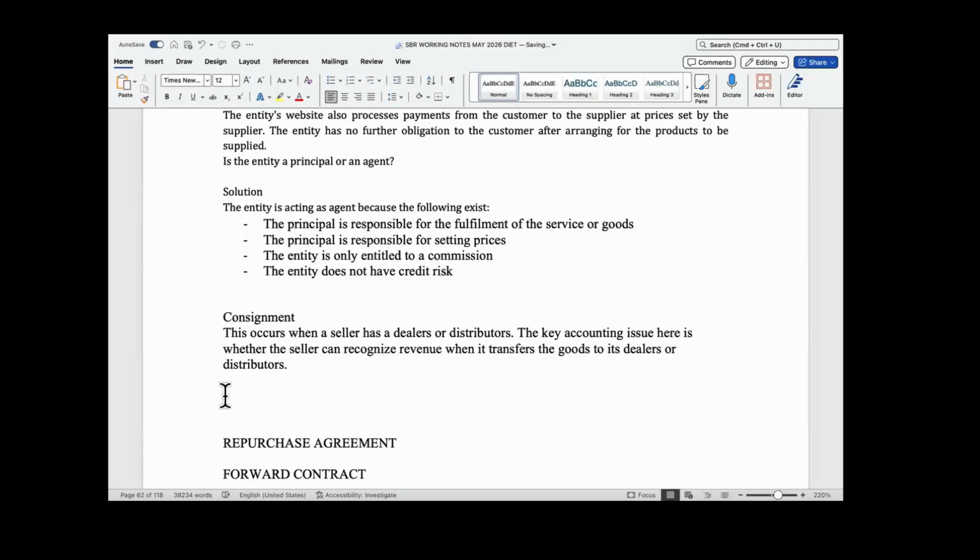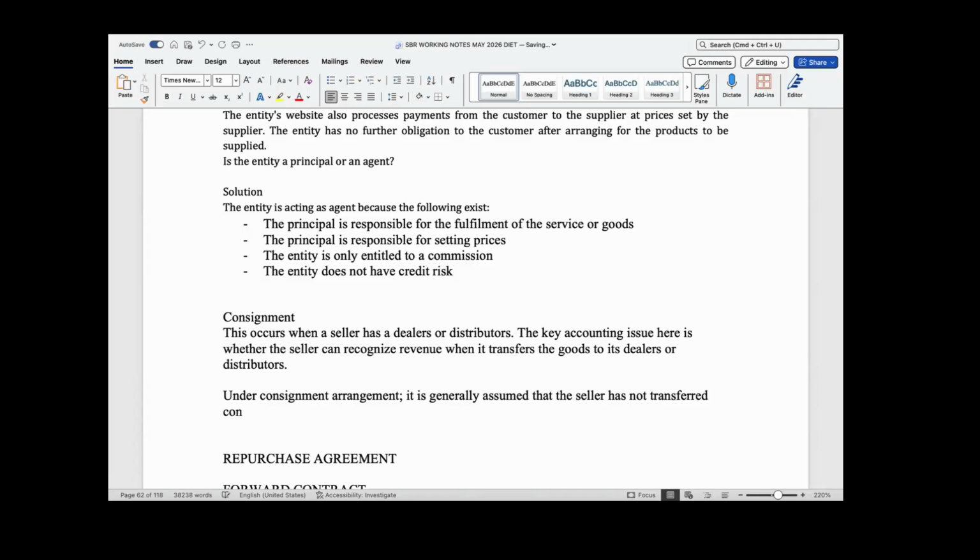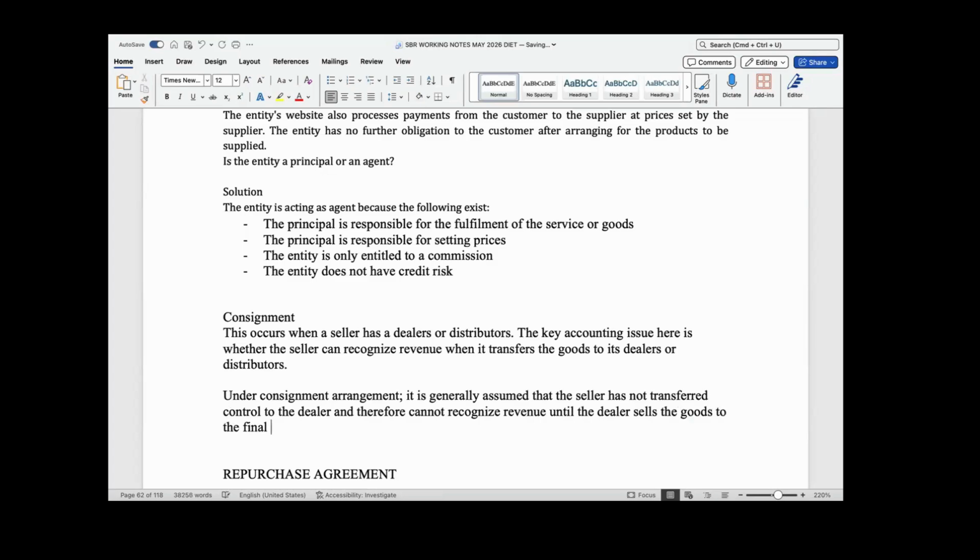Under consignment arrangements, it is generally assumed that the seller has not transferred control to the dealer or distributor, and therefore cannot recognize revenue until the dealer sells the goods to the final consumer.